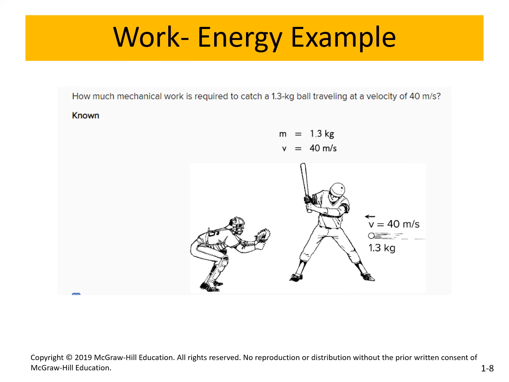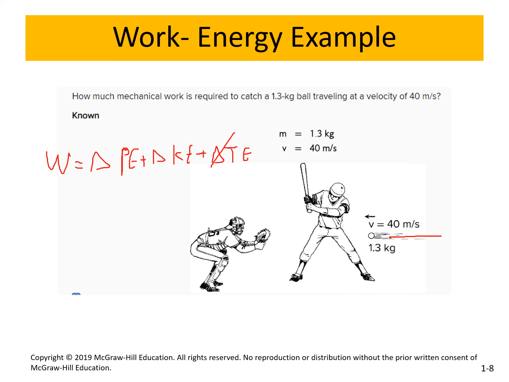Because the ball is moving in a straight line, do we have any change in potential energy? Is the height changing? No, same height. So W equals the change in potential energy plus the change in kinetic energy plus the change in thermal energy.